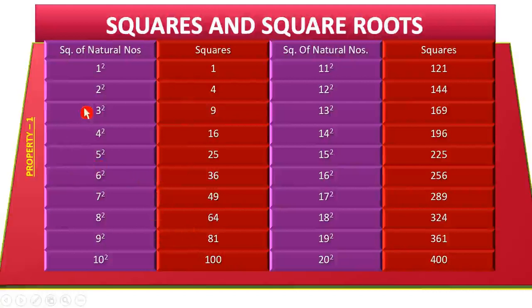Look here, I am showing that table once again. If a number has 1 or 9 in the units place, then its square always ends in 1. Here 1, here also 1, here 9 gives 1, here also units place 1, that means it ends with 1.